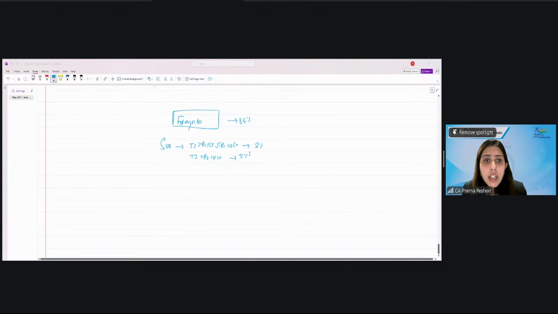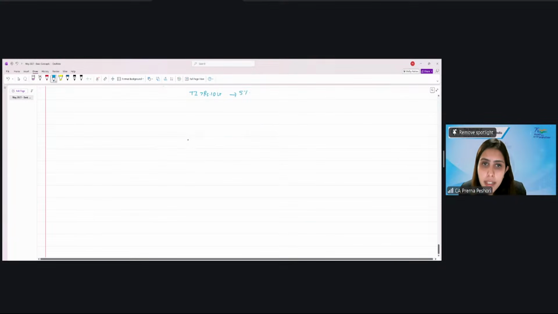But there can also be foreign companies which can also be a domestic company. The domestic company is defined under section 2(22).